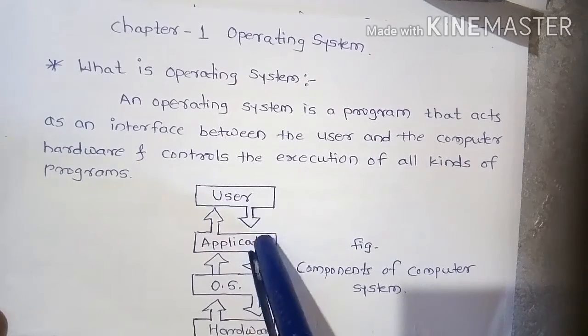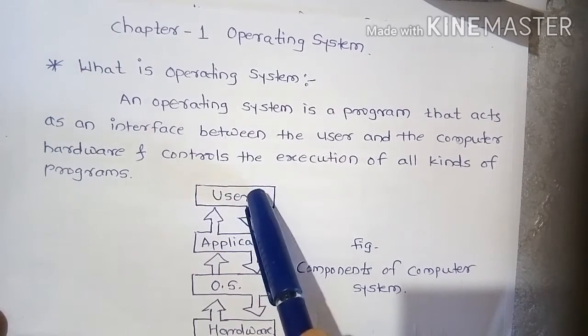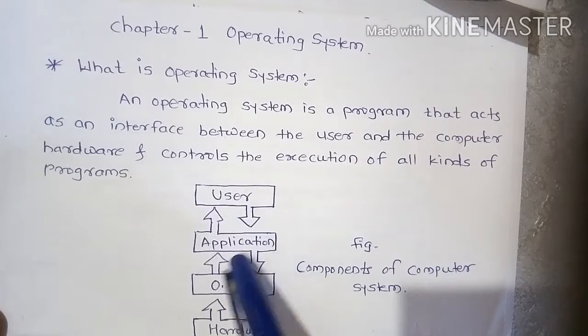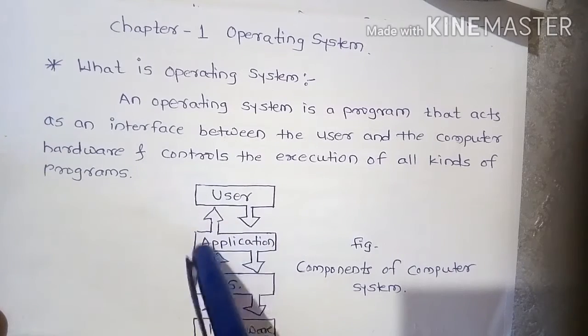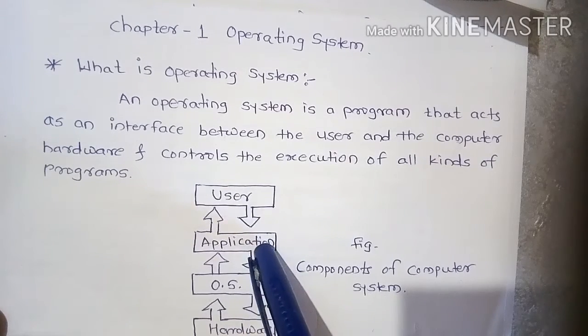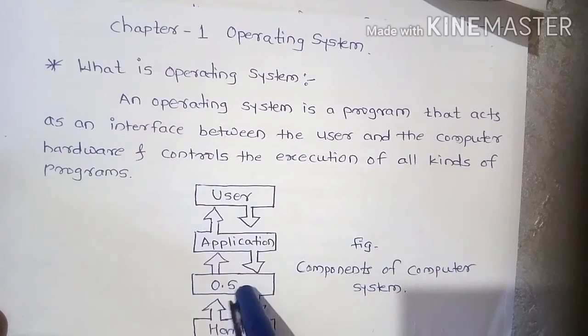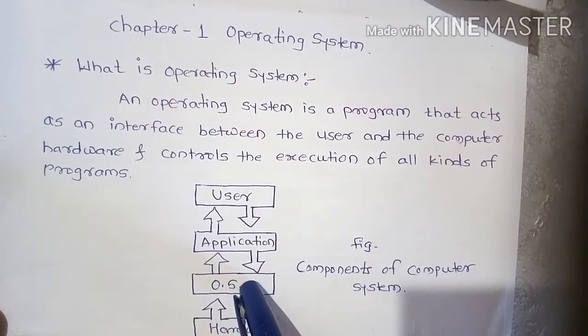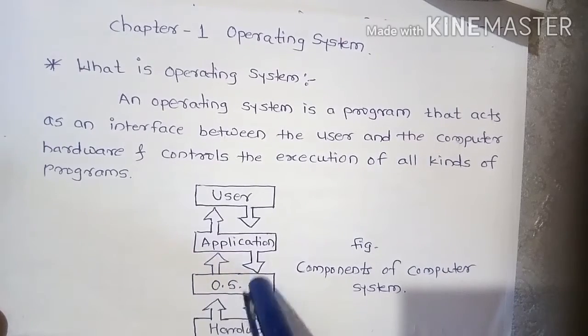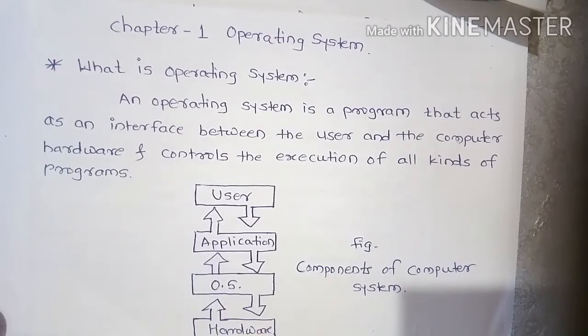Outputs are given to the user, and the user gives input through the hardware, and the application performs some operation by commanding the operating system. Operating system commands mean it manages all the applications and hardware. It controls the execution of all kinds of programs.